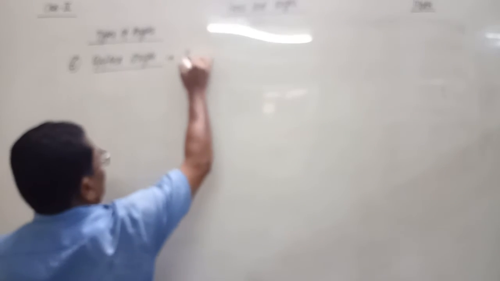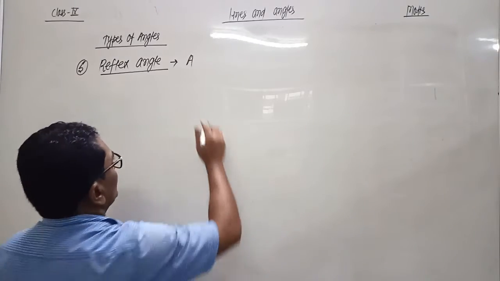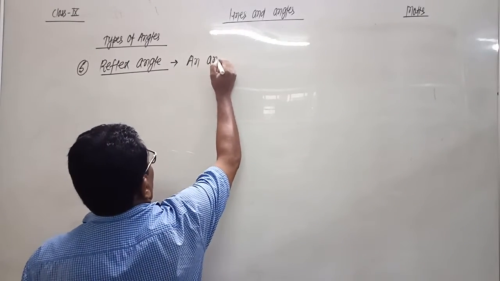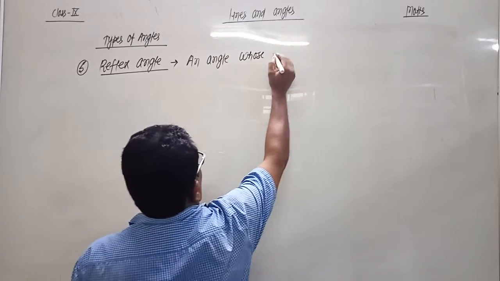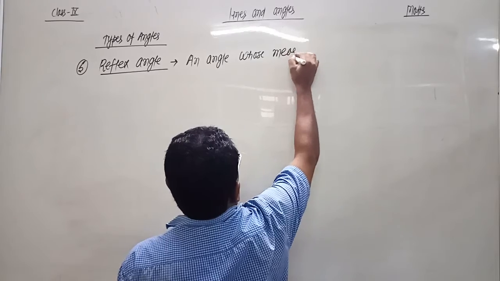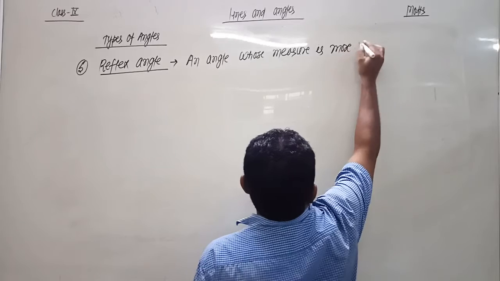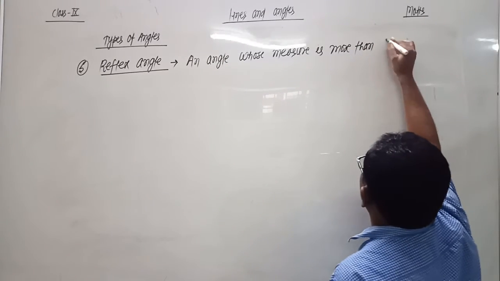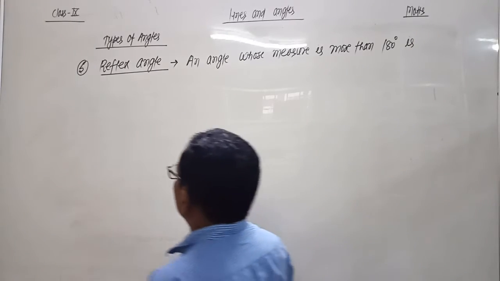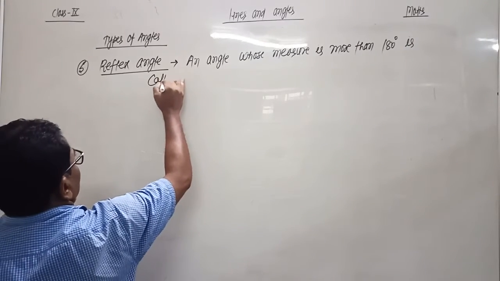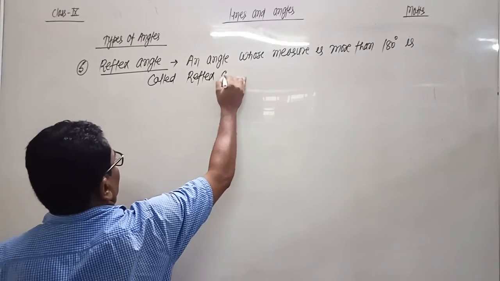An angle whose measure is more than 180 degree is called reflex angle.